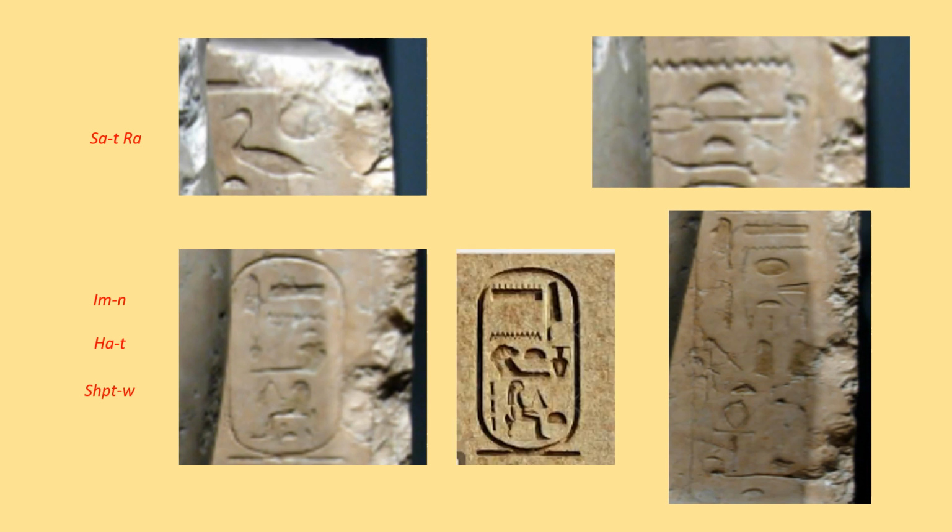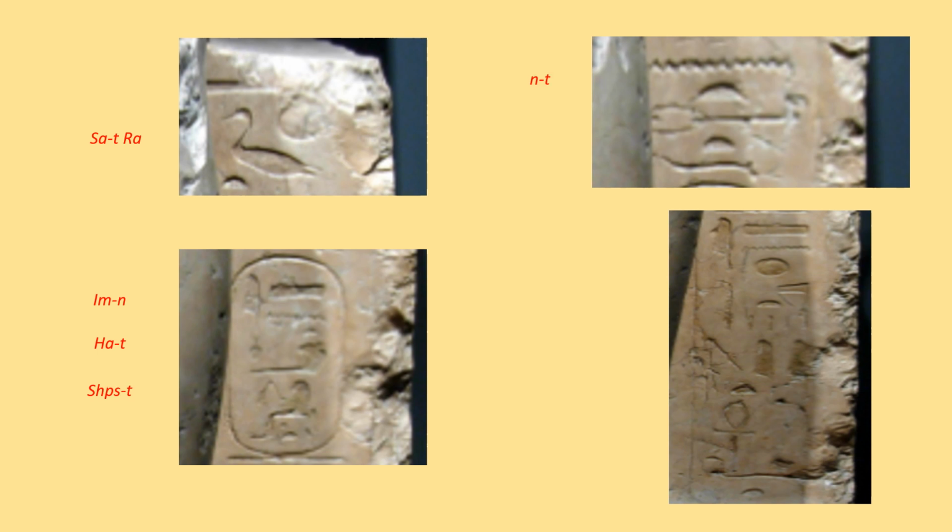The seated figure is identified as Shepet and is translated as princess, I discovered. The plural strokes would yield the princesses, and we see a better image of the Shenu to the right, where we see Amen Hat Shepetu.